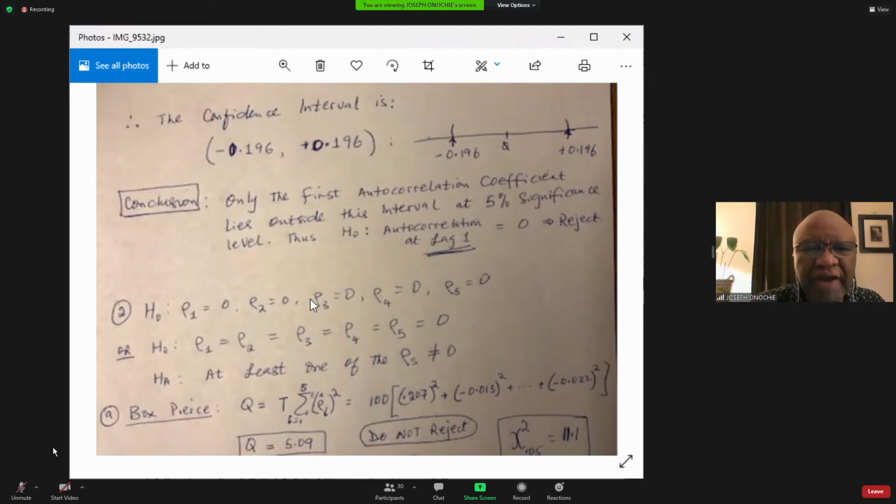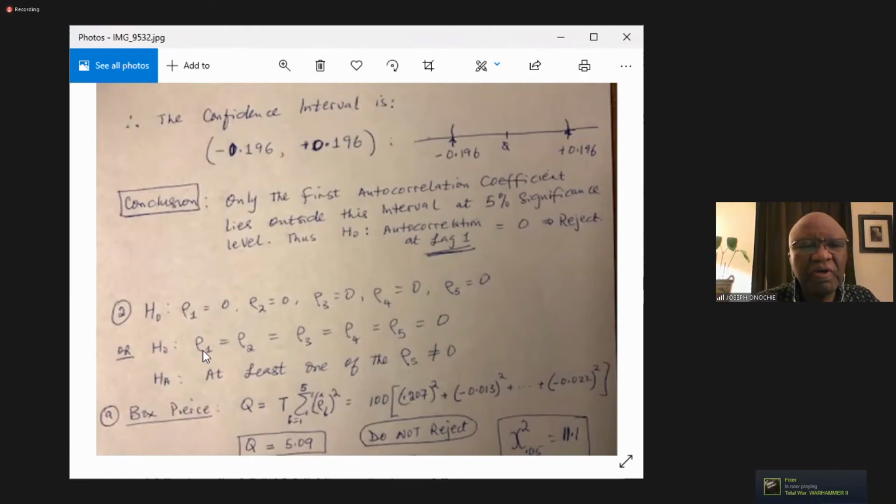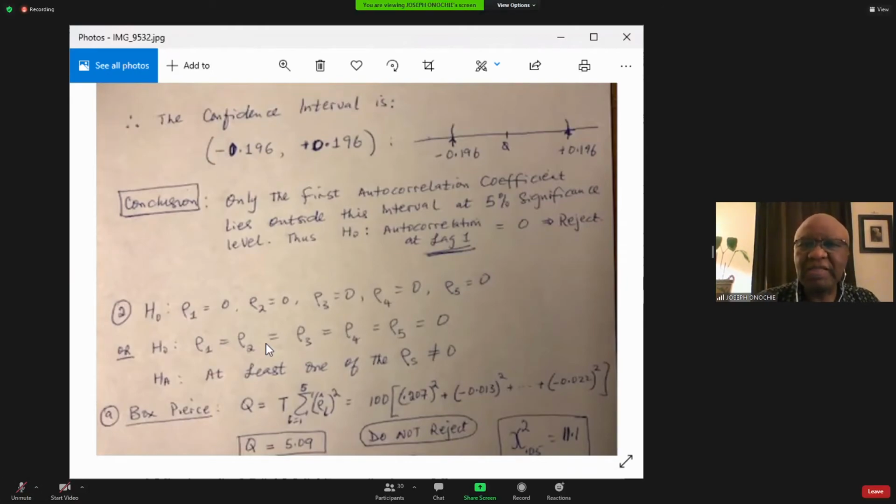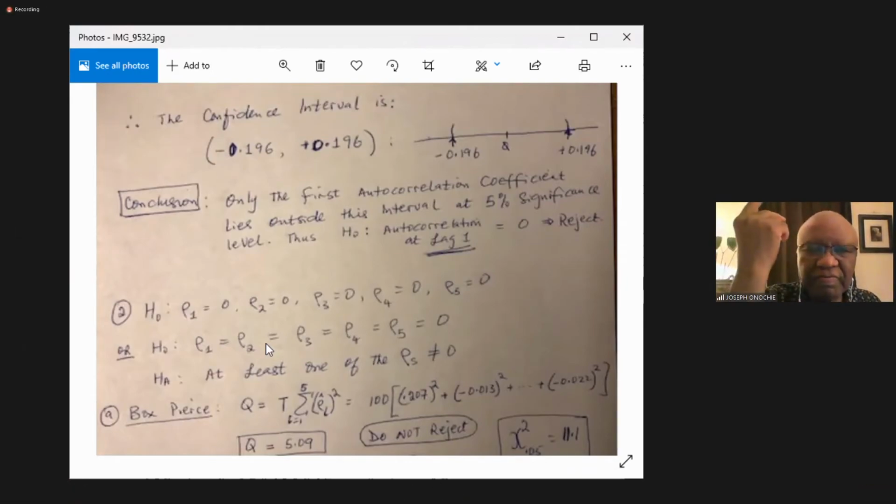so another way to write this is here, look, H0: rho 1, the autocorrelation at lag 1, equals that at lag 2, equals that at lag 3, equals that at lag 4, equals that, and equal to 0. So this is what we call a joint test, J-O-I-N-T. We're testing them jointly. That's why we use the word portmanteau. And the alternative is at least one of them is not 0.